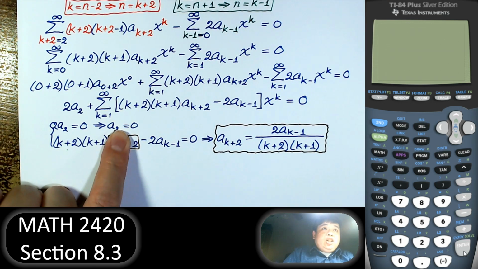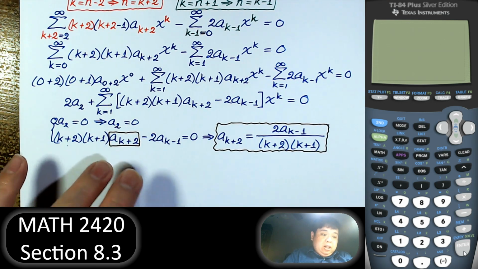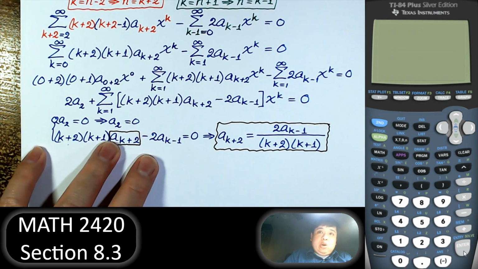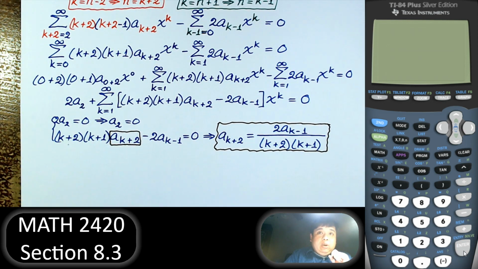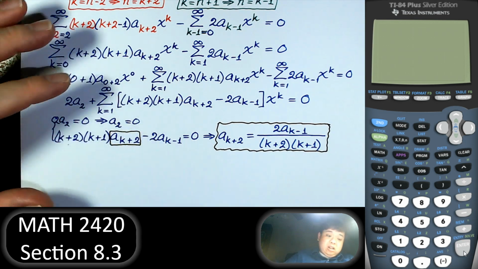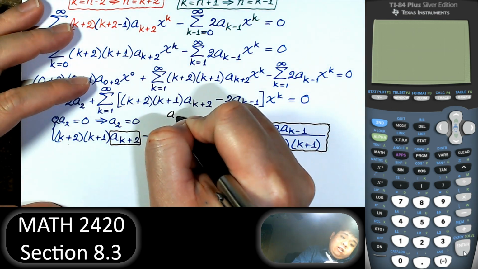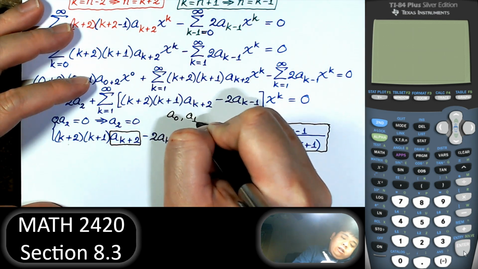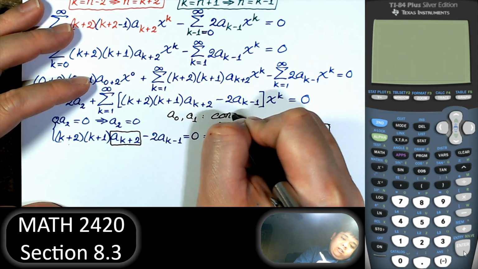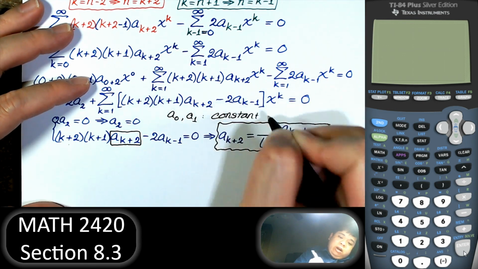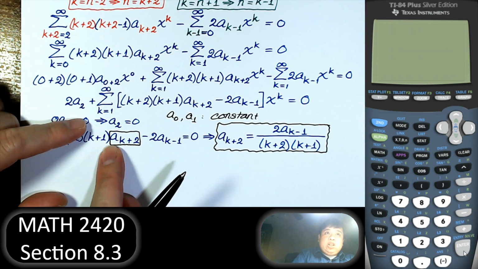Now, we have a2 equal to 0. In this series, in this solution, a naught and a1 are not mentioned. So we can just say a naught and a1 are constant. So we have a naught, a1, a2, 0.